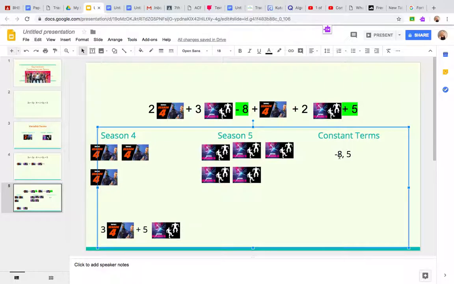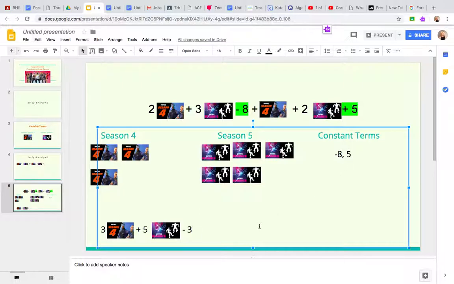Okay? So 8 minus 5 is 3. And I know that the absolute value of 8 is higher than the absolute value of 5. So I'm going to use that symbol in my solution. So that is going to be a minus 3, okay? Because we said that 8 minus 5 is 3.